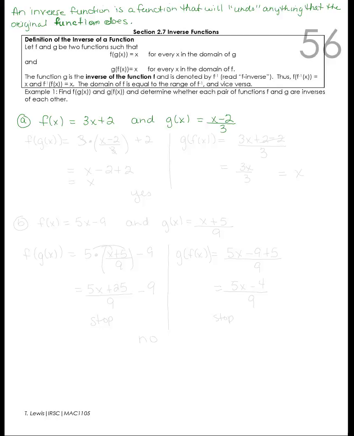Okay, so first we want to find f of g of x. What this means is that we're going to take our function g, which is x minus 2 over 3, and substitute it into the equation for f of x, for the variable x.